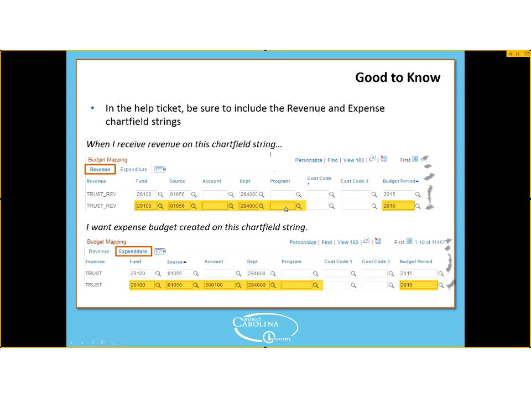Now remember with program, it's not like a wild card. If I don't use program, then I'm saying, in this case, when revenue comes in without a program, I want it to give me expense budget. If revenue comes in with a program, that's not what's on the table. That's not going to give me expense budget.